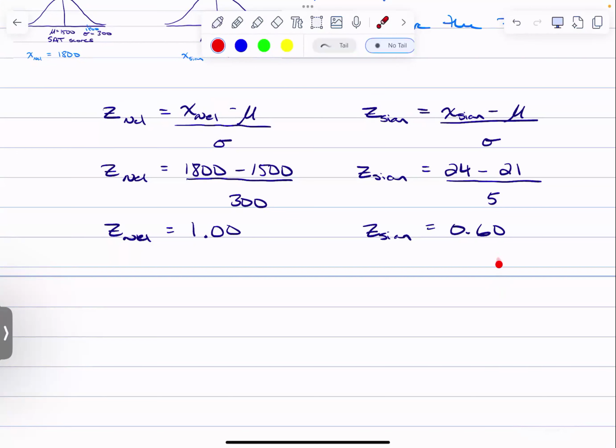Okay. So Cian scored 0.6 standard deviations above her mean, right? And Nell scored 1 standard deviation above her mean. And so this is the better score.